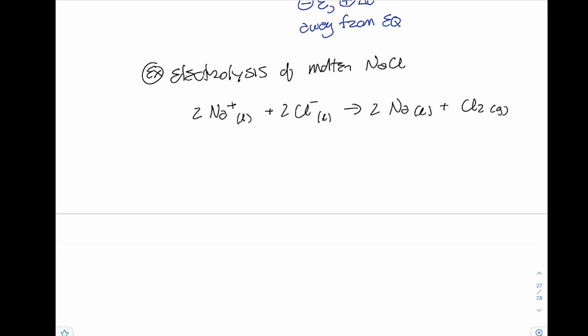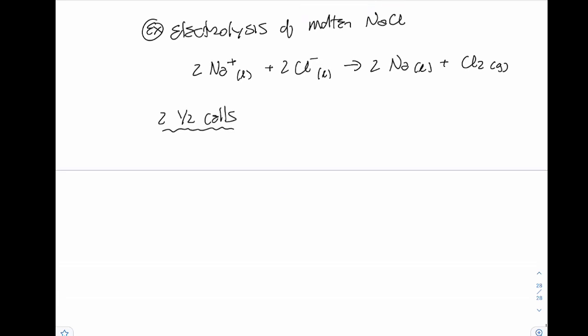Our 2 half cells are going to be my 2 chloride going to chlorine gas, and then 2 electrons. Electrons here are my product, so this is my oxidation.